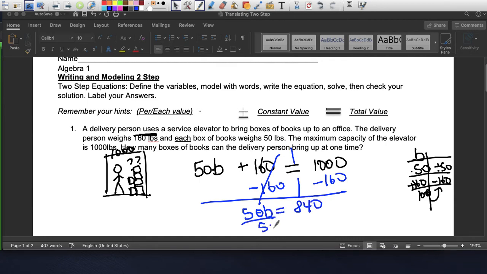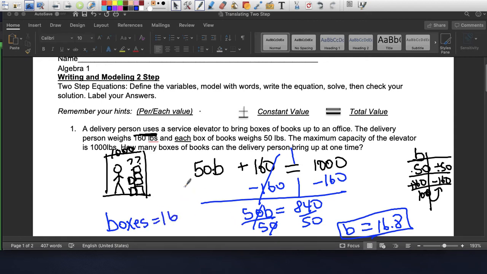I'm going to divide both sides by 50, and b equals 840 divided by 50. It's not going to be an exact number. It's going to give us 16.8. So b is 16.8, but in the context of this story, I can't bring 16.8 boxes, so the number of boxes equals 16, because I can't bring eight-tenths of a box.